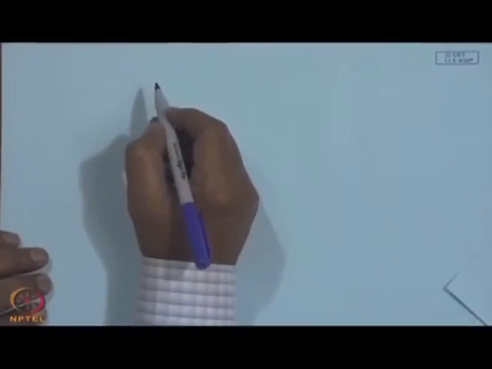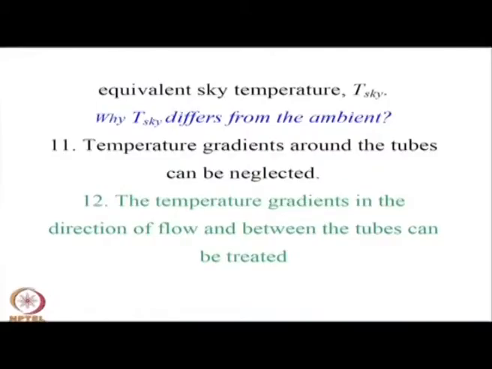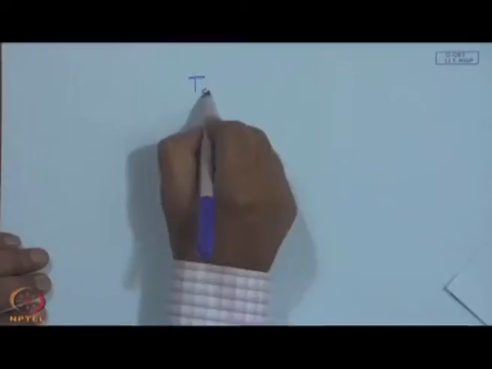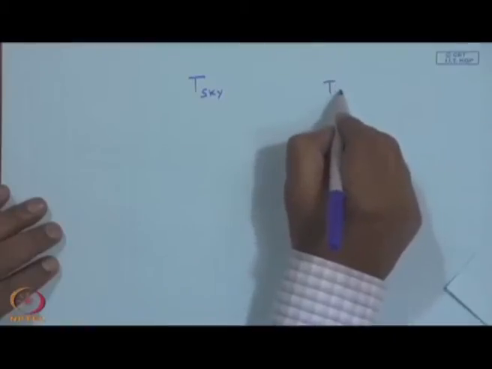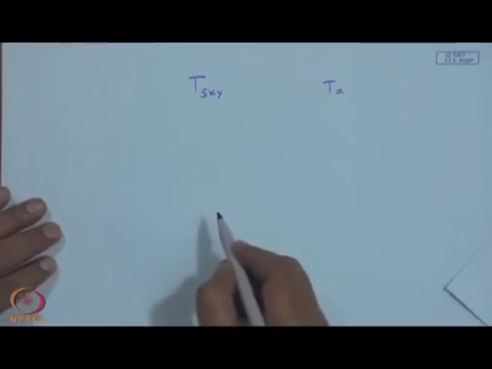The sky can be considered as a black body for long wave radiation at an equivalent sky temperature of T_sky. So, the radiation leaving as a loss from the solar collector will eventually see the ambient at T_A, then the loss is from whatever is the glass cover to the ambient temperature.